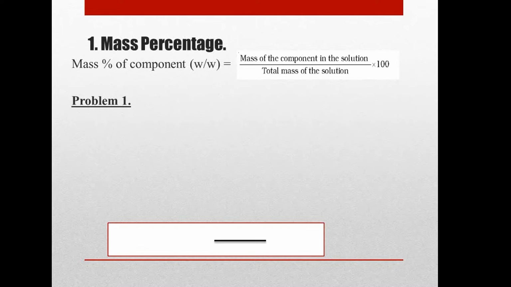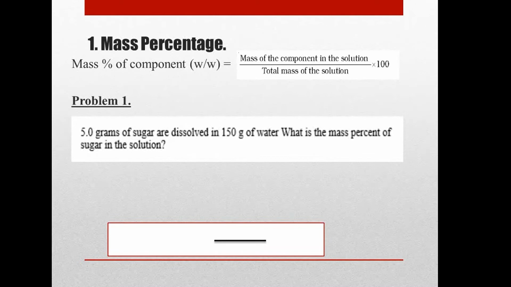Let us clarify this mass percentage with one suitable and simple problem. That is, 5 gram of sugar is dissolved in 150 gram of water. What is the mass percentage of the sugar in the solution? If you read this question very carefully, then you see that sugar is present in a small amount, so it is a solute, and water is present in a large amount, so it is the solvent.